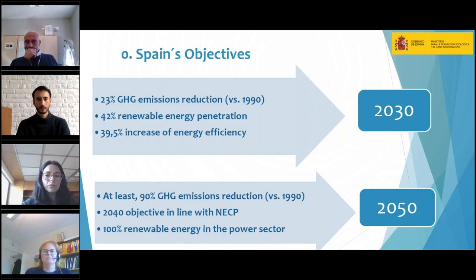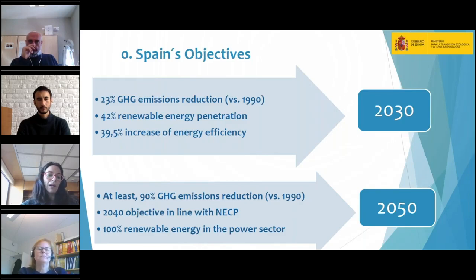I would like to explain also that this target for 2030 is a milestone on the way to the climate neutrality that we are planning to achieve in 2050. So in 2050, the target is at least 90% reduction of greenhouse gas emissions with respect to 1990.